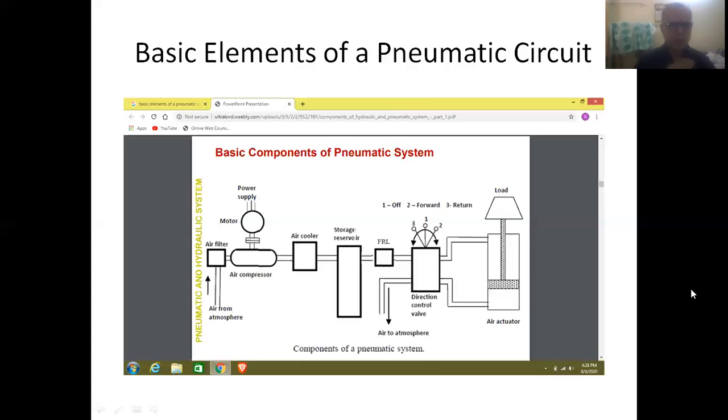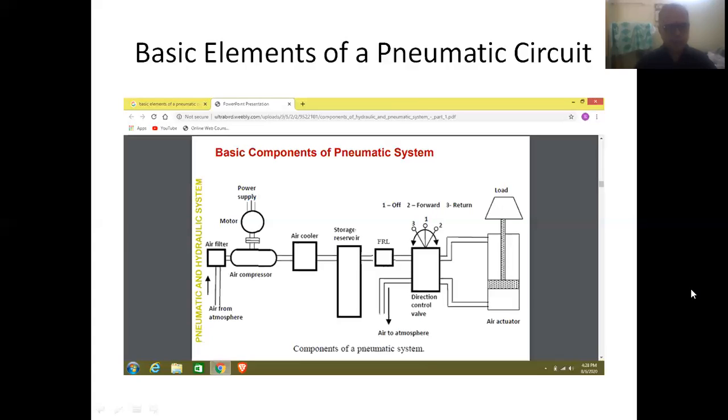So this filter will be removing impurities present in the atmosphere or in the air. And finally, the air that is entering the compressor will be totally free of impurities. So friends, this is the purpose of providing a filter before the compressor.